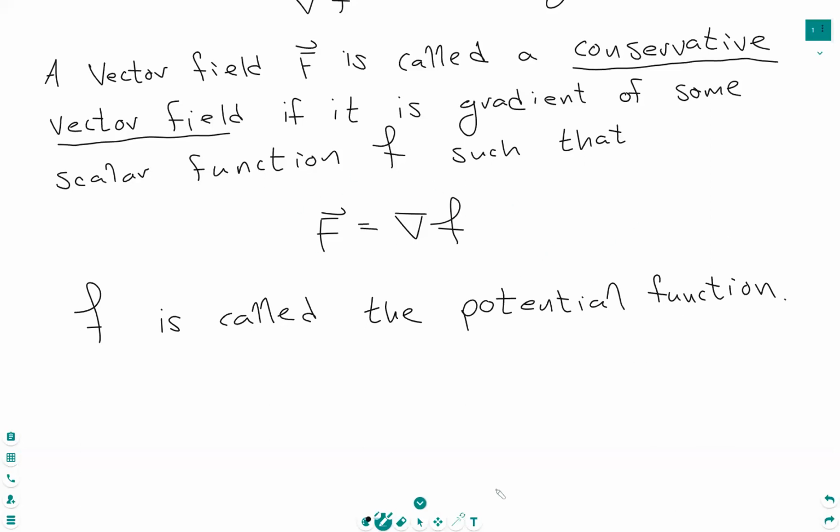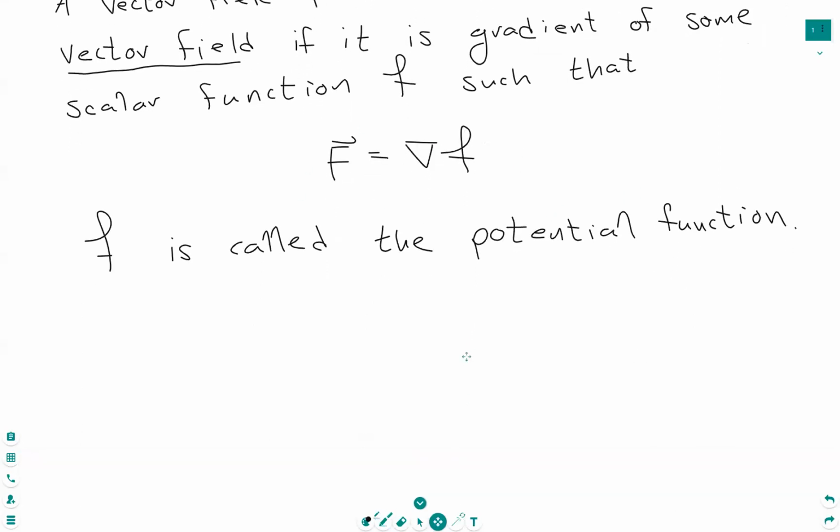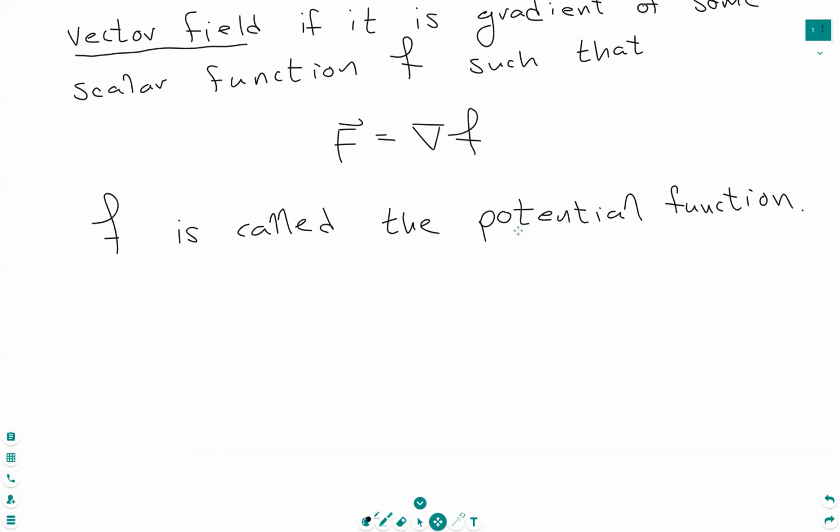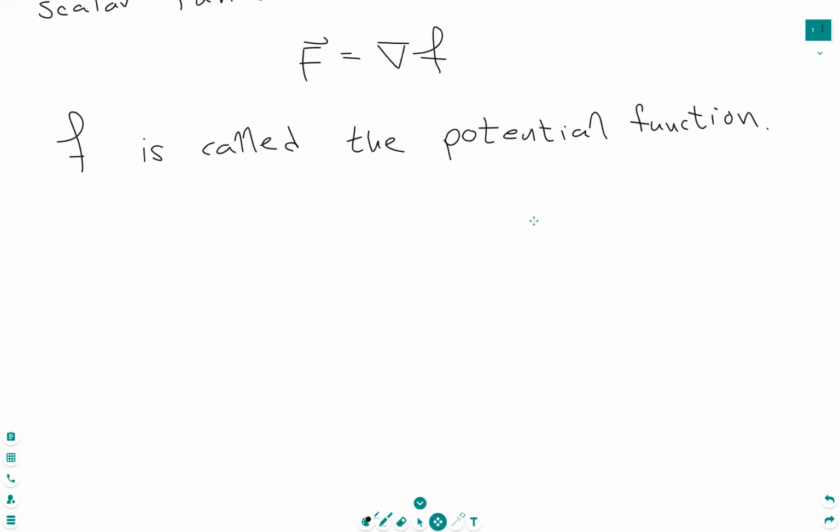This is where it is coming from in mathematics: you have a conservative vector field and you can decompose it in this way. Okay, so that's pretty much it for vector fields. Now we're going to start talking about line integrals.